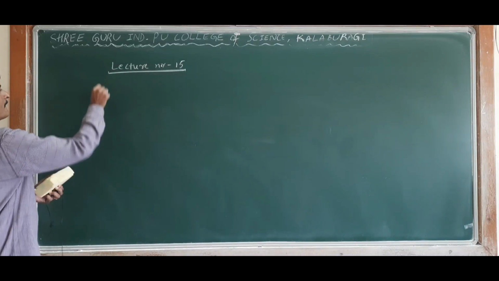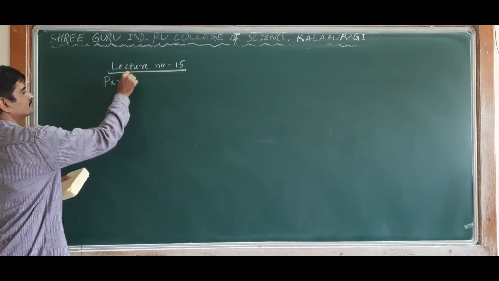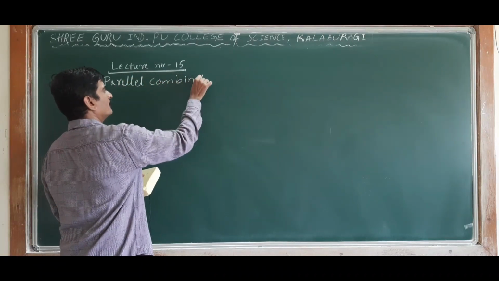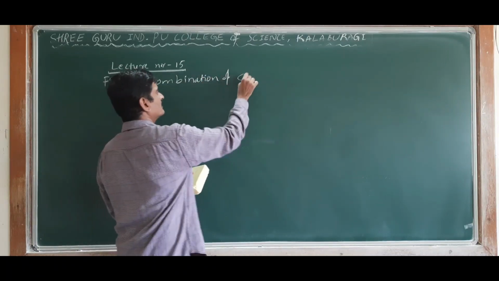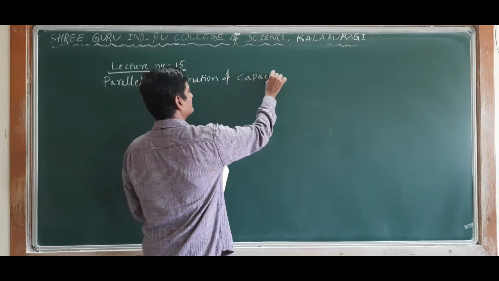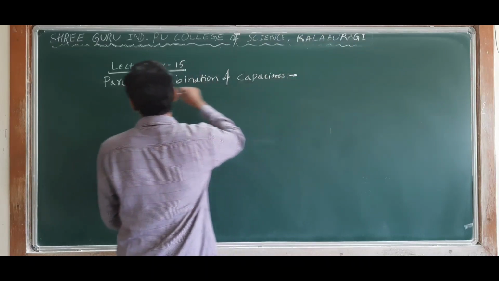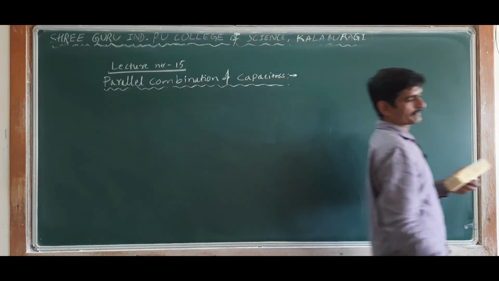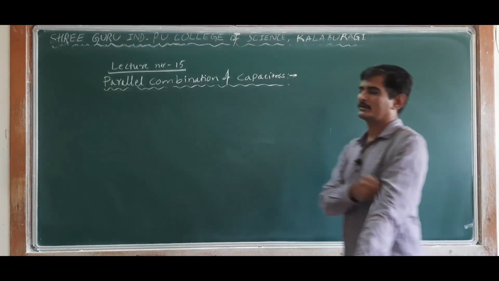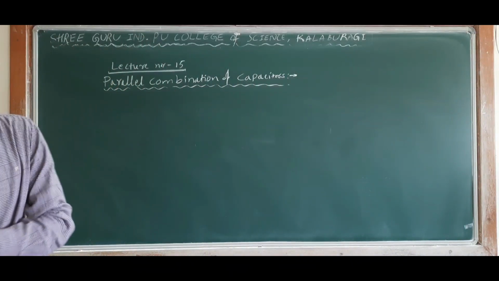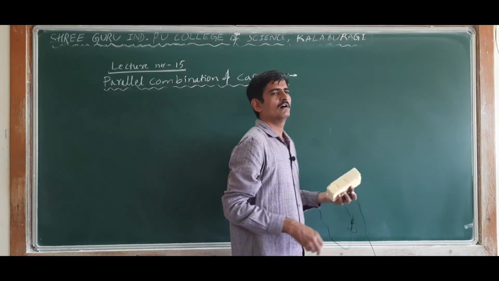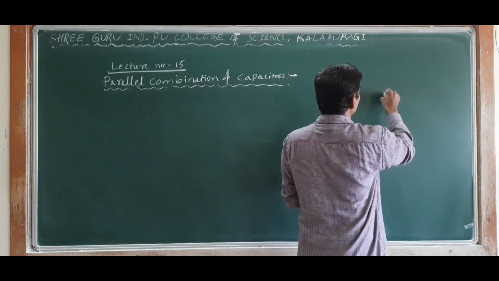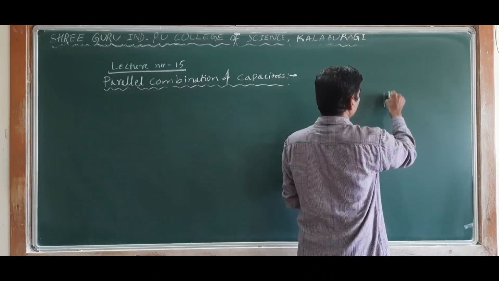So next, parallel combination of capacitors. Okay. So how to tell what is parallel combination? If they ask, they will not ask many times, but if they ask, so let us take different capacitors.